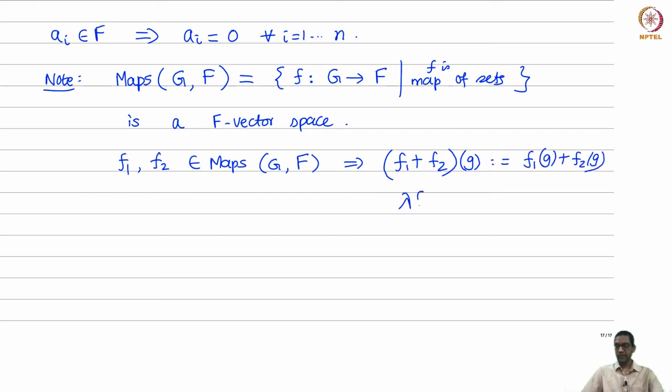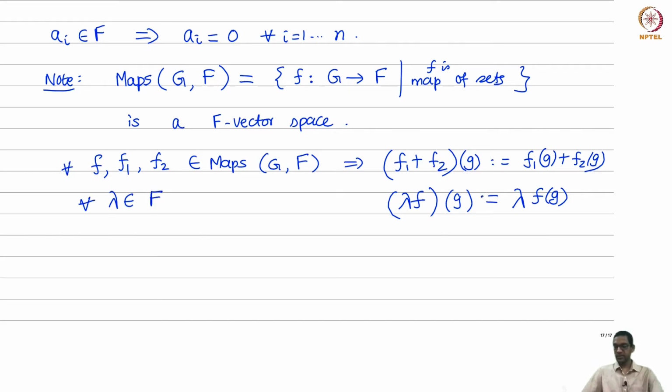And how do you scalar multiply f? If I multiply f by a scalar lambda from the field F, I apply f to g, it's now an element of the field F, and I multiply it by lambda. So this is now for all lambda in F.